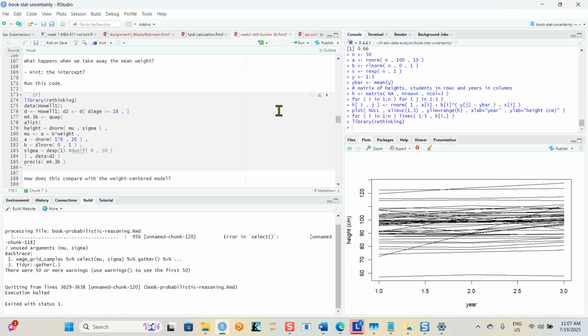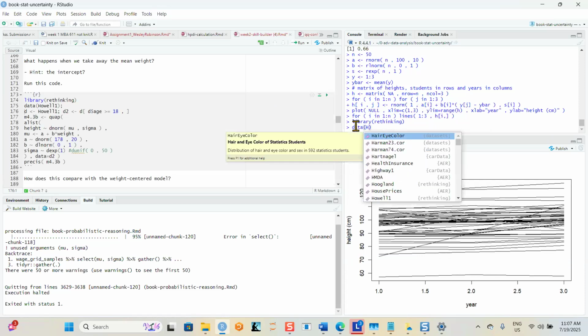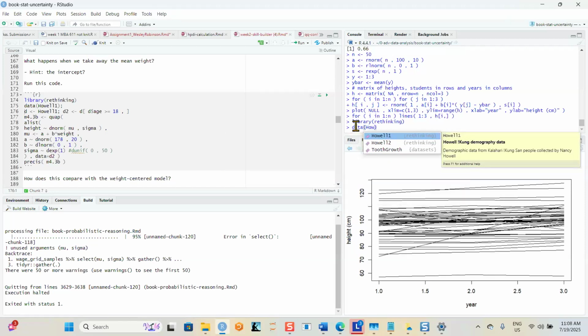Okay, Howell 1. Who is Howell? Okay, let's look over here. Demographic data from the Kung San people collected by Nancy Howell. So this is the Kalahari Desert.